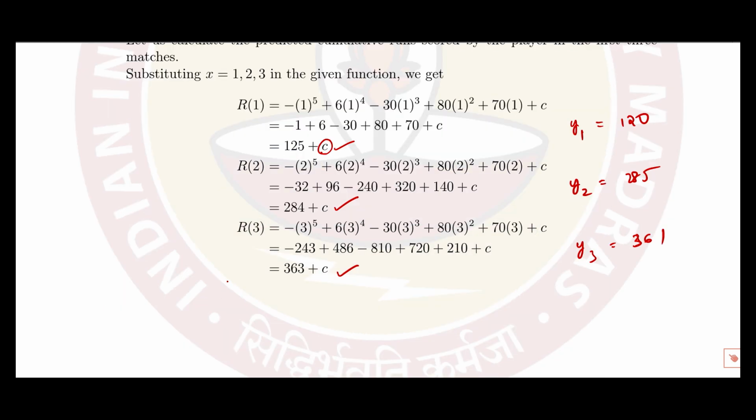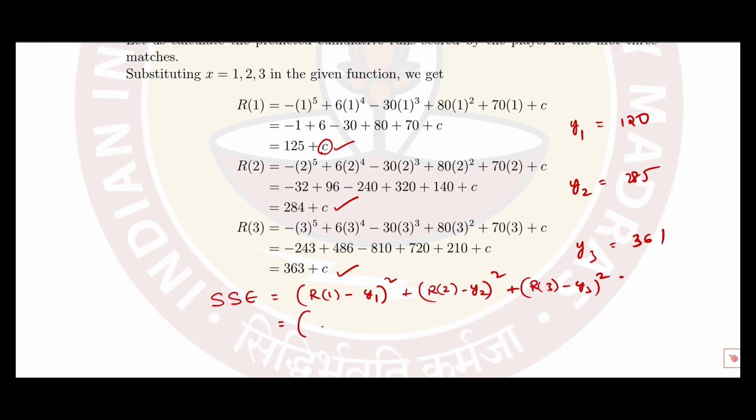Now if we write the equation for sum squared error, that will be equal to (R of 1 minus y1, which is actual)^2 plus (R of 2 minus y2)^2 plus (R of 3 minus y3)^2. This will be the sum squared error.